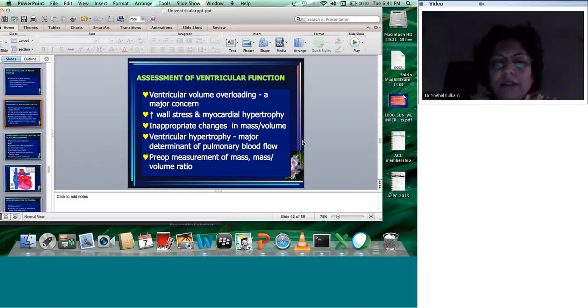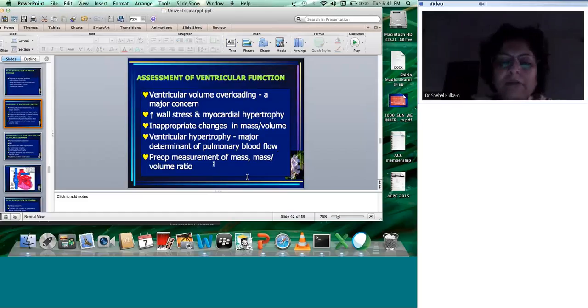It creates inappropriate changes in mass and volume, and ventricular hypertrophy is a major determinant of pulmonary blood flow, because when ventricular hypertrophy happens, it creates diastolic dysfunction. When you have a diastolic dysfunction, you have an increased pulmonary artery pressure. And when your pulmonary artery pressure is high, your Glenn or Fontan is not going to flow. So it's a major determinant of pulmonary blood flow.